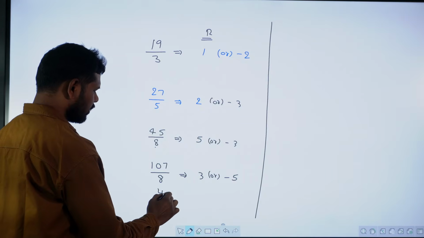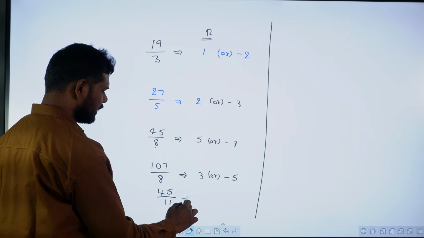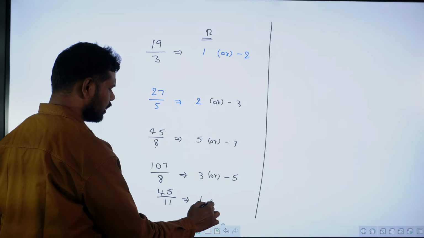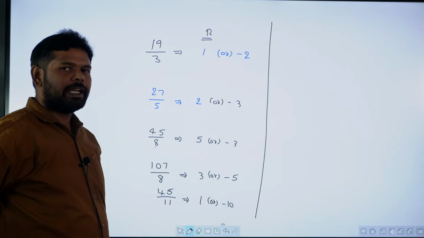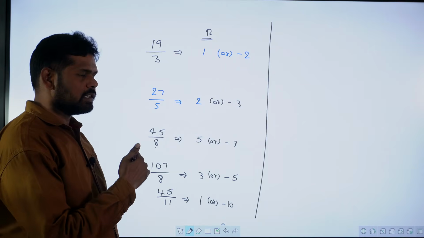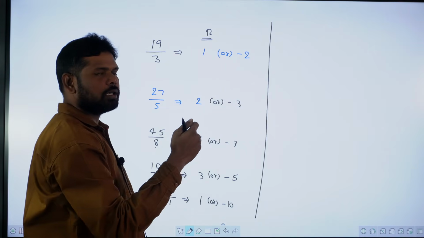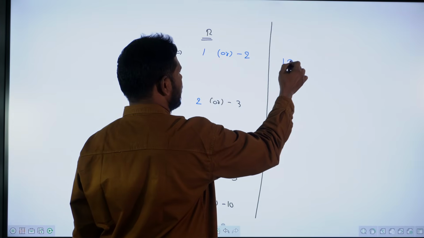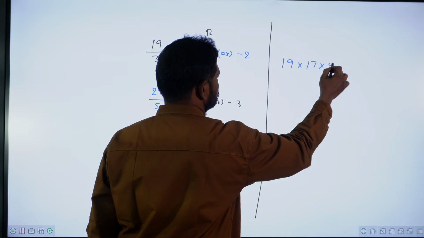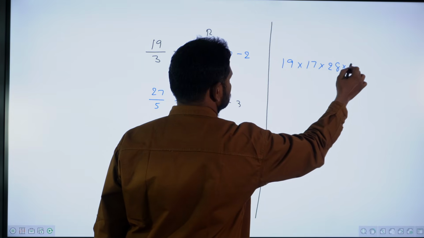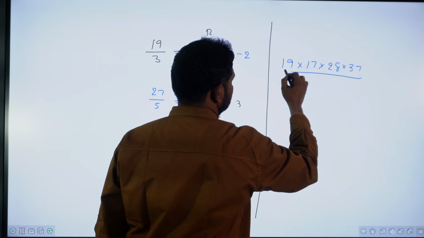Suppose 45 is divided by 11. What is the remainder? 11 fours are 44, so 1 or minus 10. Negative remainders will be helpful when we see some products divided by a number. Suppose 19 into 17 into 28 into 37 is divided by 3.